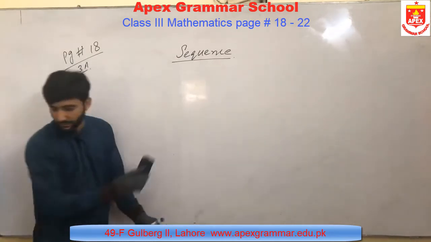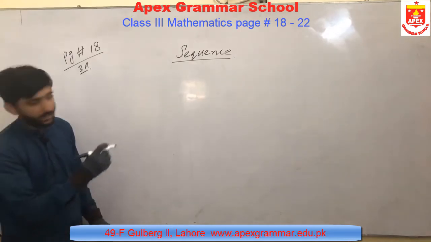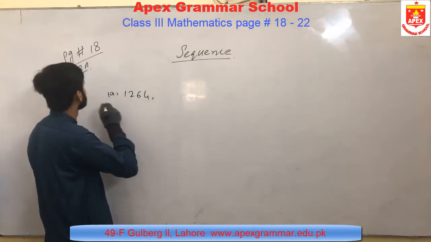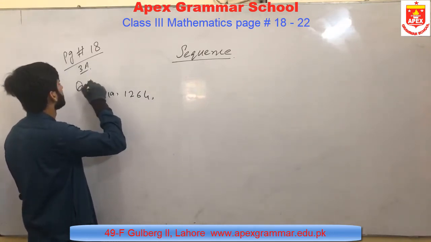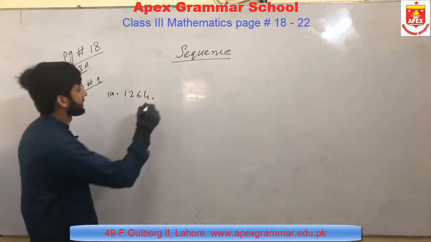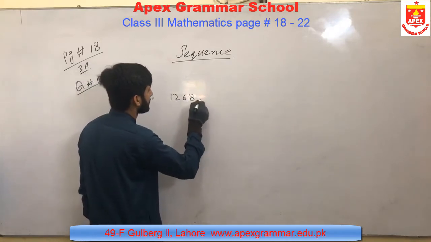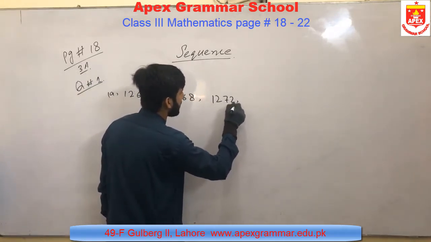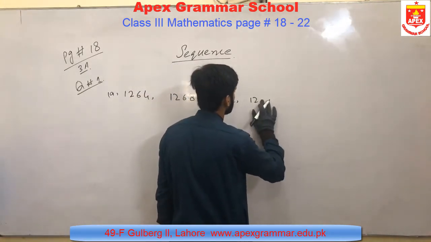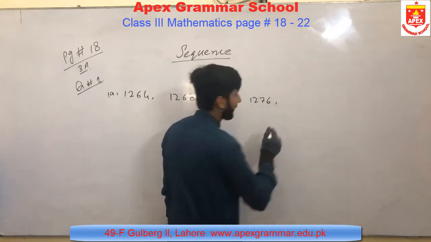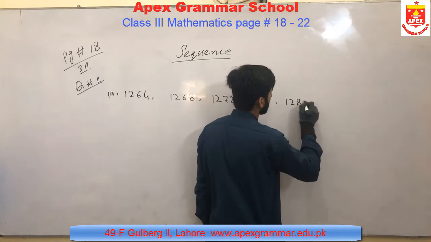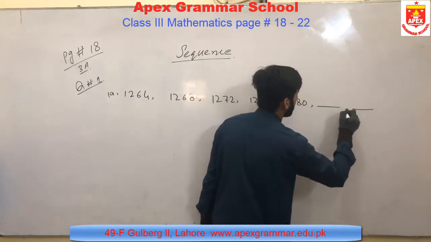So let's do question number 1 on page number 18, A part. 1264, 1268, 1272, 1276, 1280, and then two blanks.